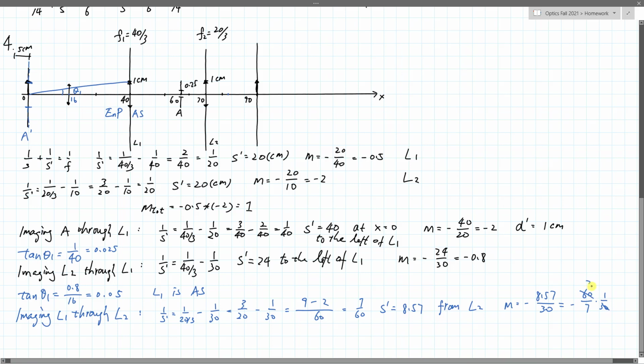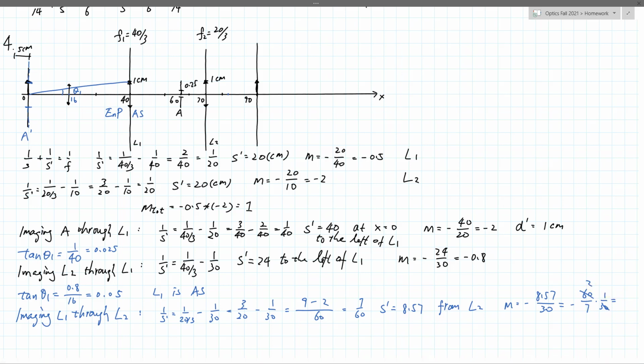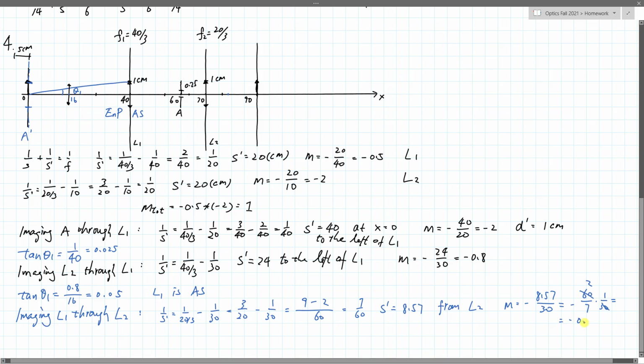So 2 over 7. And still I need a numerical quantity. So 2 over 7 is 0.286. Negative 0.286. So the diameter prime is equal to 0.286 times the 2 centimeter diameter.